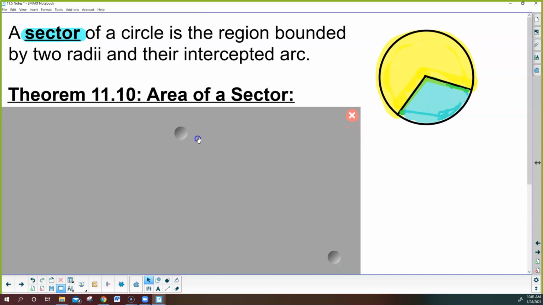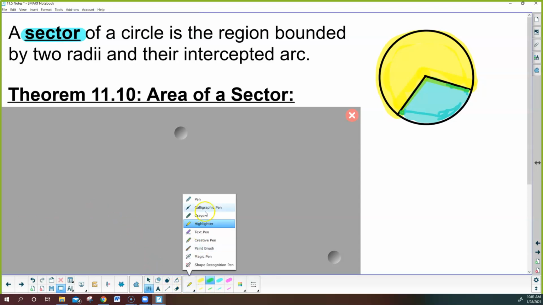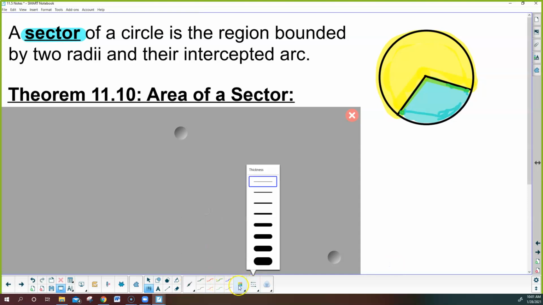So the big question of the day is, how do I find the area of this? Well, we're going to set this up before I even show you the theorem, because my guess is you probably already know.